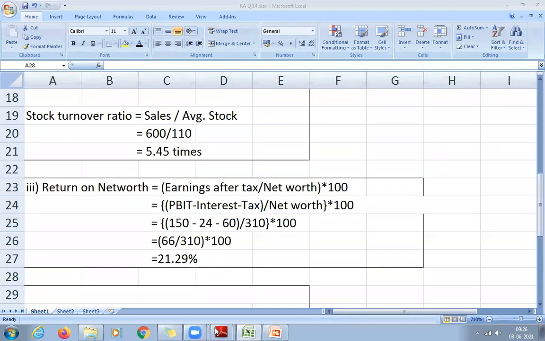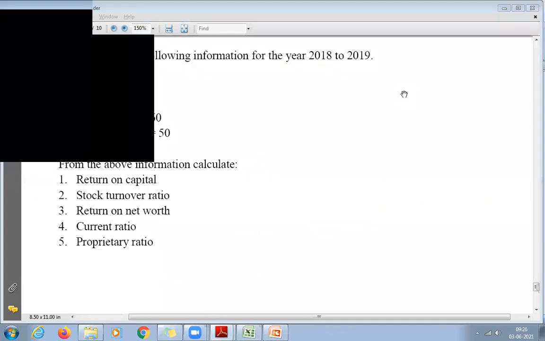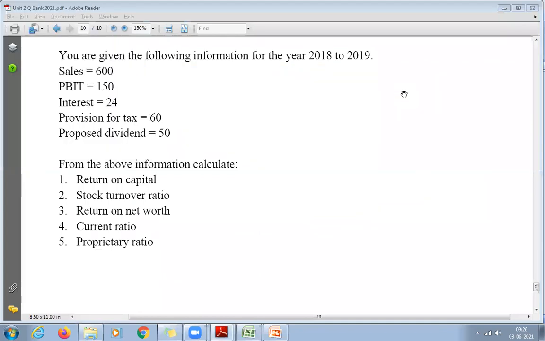Provision for tax, is it a percentage? No, he has not given a percentage. He has given us 60 only. That means it's the amount, not a percentage. Who is asking this question? I can't see your name. Next time when you ask, please mention your names.